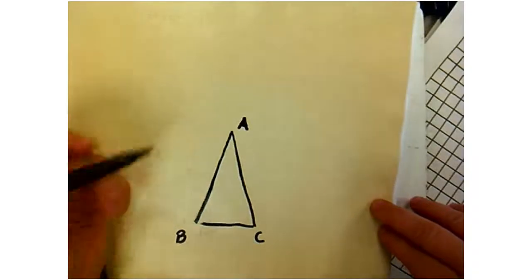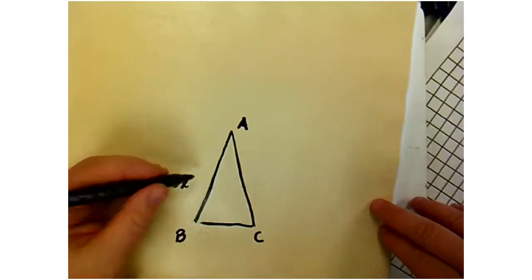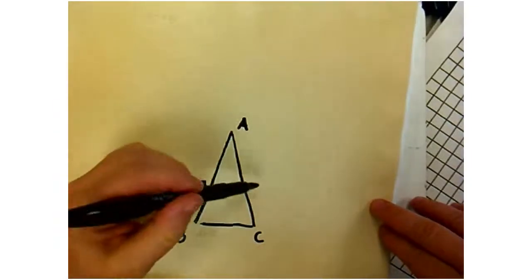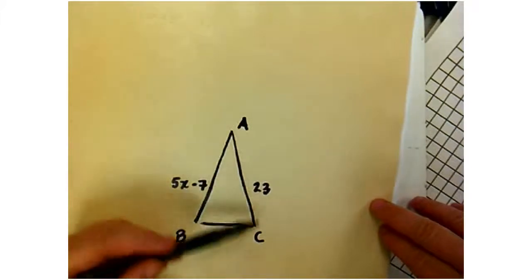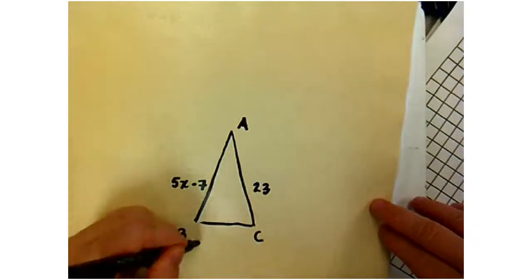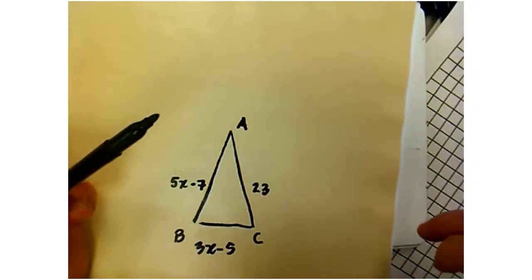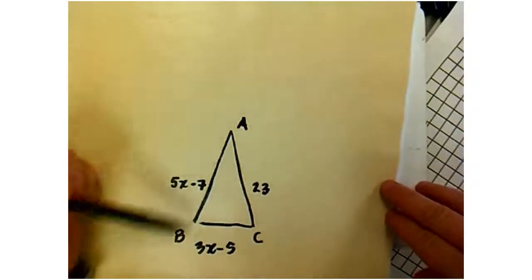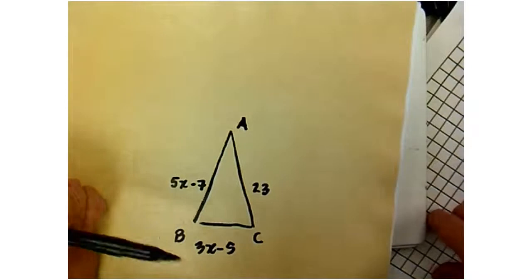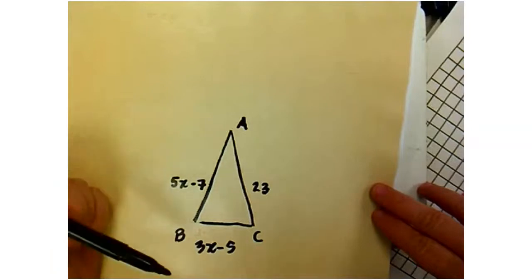Our sides are 5x minus 7 for side AB on the left and 23 for side AC on the right. And our base, BC, is 3x minus 5. We have to find the measures of AB and BC. Very quickly, we should be able to tell the answer for AB without even doing any math.